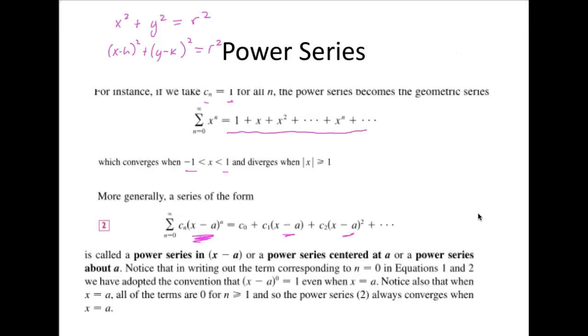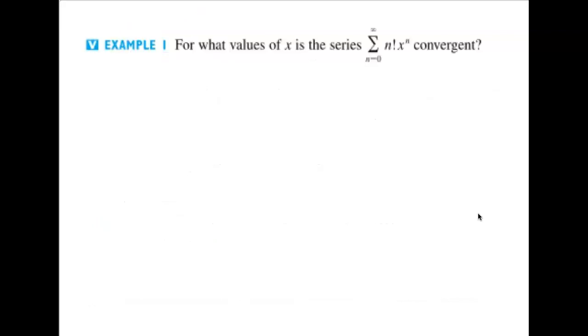All right, what we're going to look at is a few different power series. We're going to decide if they converge or diverge. Let's look at this specific power series: sigma n factorial x to the n. I want to know for what values of x the series is convergent.